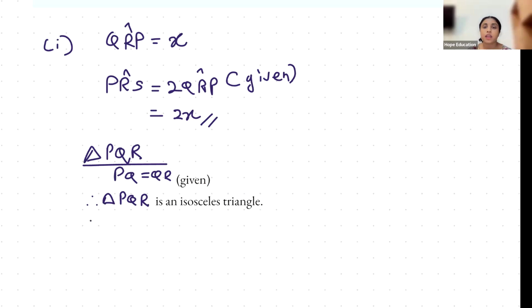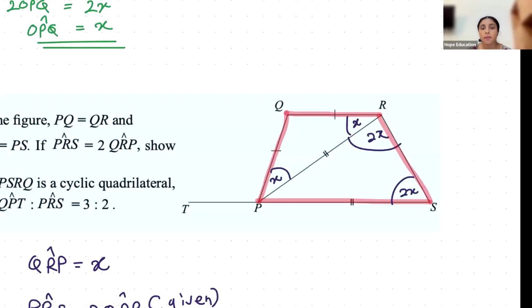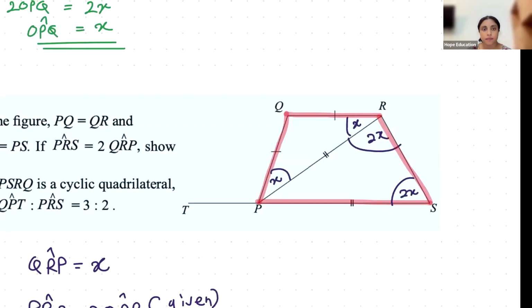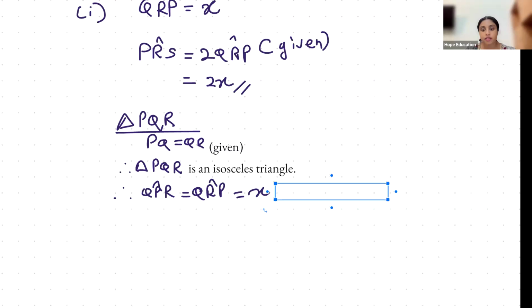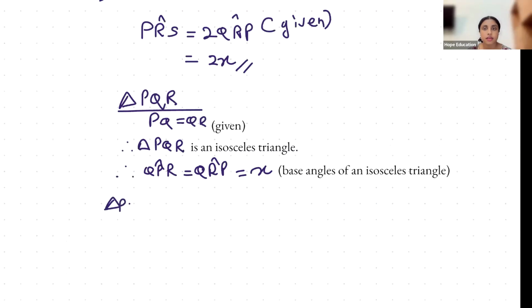Therefore, QRP and QPR are equal. QPR equals QRP, and we know that QRP is X, therefore both of them become X. Within brackets, you can write base angles of an isosceles triangle.